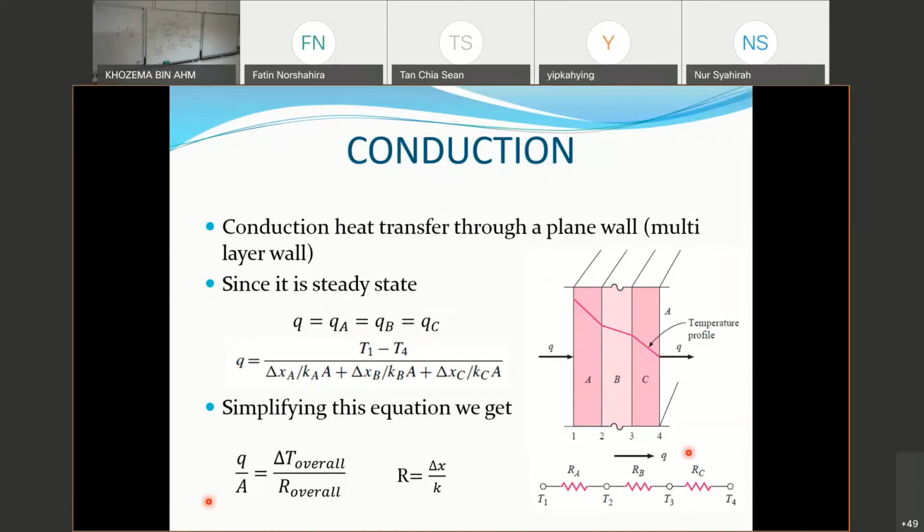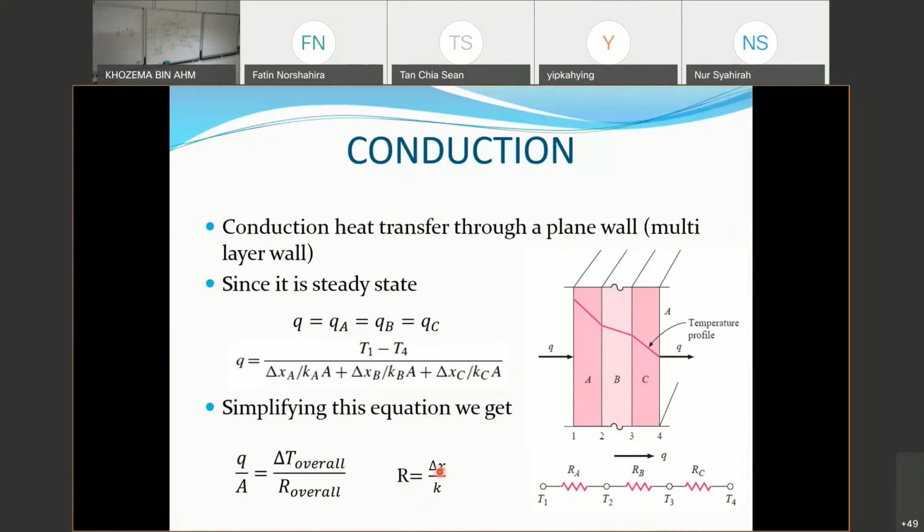So we can convert our wall diagram into an electrical circuit like this. You will have T1, then RA, which is known as the resistance of material A, RB is the resistance of material B, and RC is the resistance of material C. How do you calculate the R?